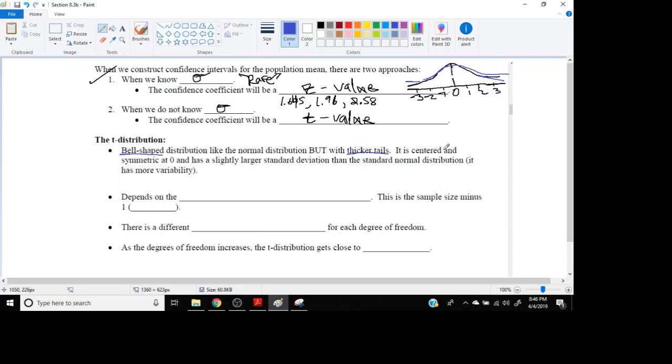It is centered and symmetric at 0, because it is bell-shaped, it is symmetric, and its center is also at 0. And because it has thicker tails, there's a little bit more variability in this distribution compared to the normal distribution. And so it has a slightly larger standard deviation than the standard normal distribution. It has more variability.